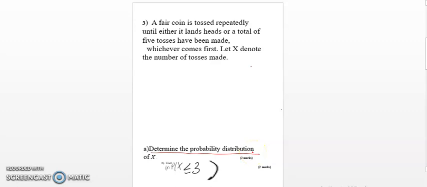Another way to say that is, they are simply asking us to construct the probability distribution of x. So let's have the solution.